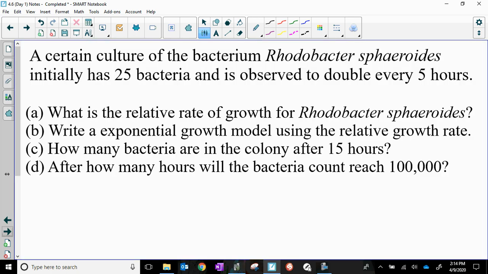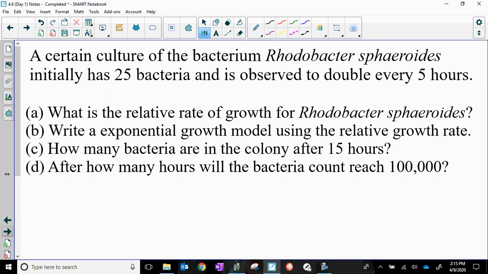Okay. All right, so let's take the exact same problem we started with, the same bacteria, with the same initial amount, doubling every 5 hours. So rather than make a table this time to figure out the formula using a base of 2, I know what my formula is going to be. I know my formula is going to be A equals PE to the RT.